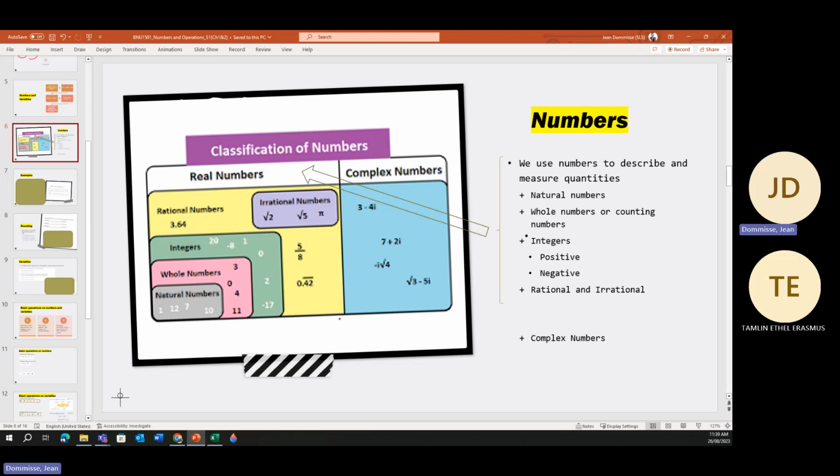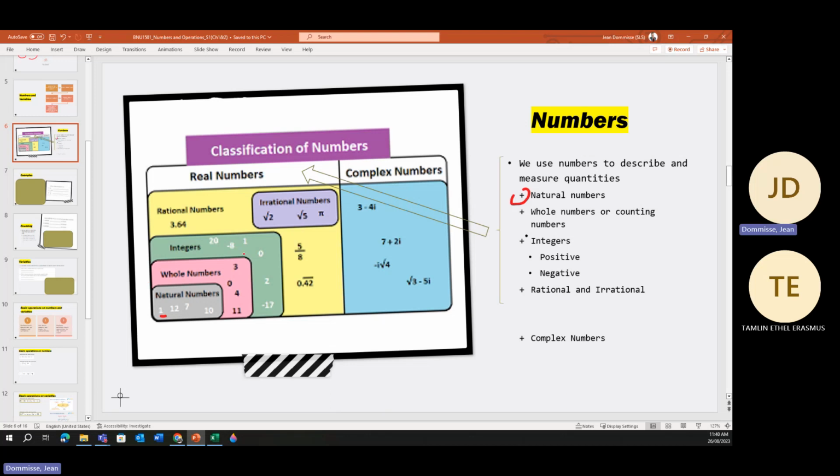So basically what I just did is draw a summary of what numbers are. We can look at the set of natural numbers, which is normally just anything above 0, that you can count. So 1, 2, 3, 4, anything like that is your natural numbers.